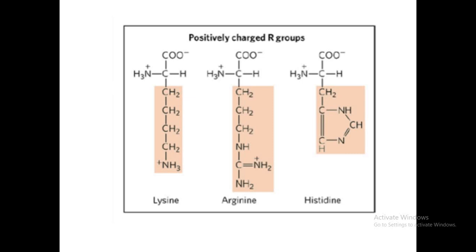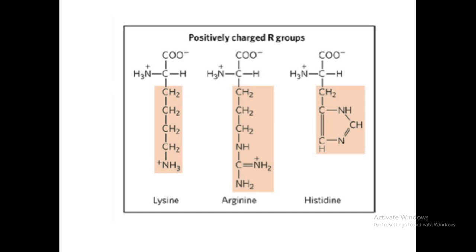So in the body at pH 7, histidine could be found either in acidic form, or either as neutral or as charged form. Either it can be charged or uncharged at physiological pH.